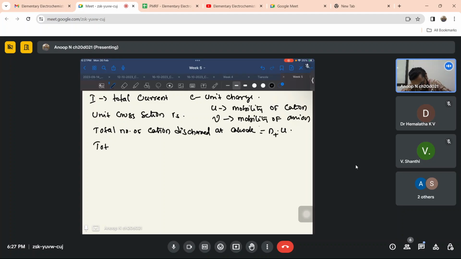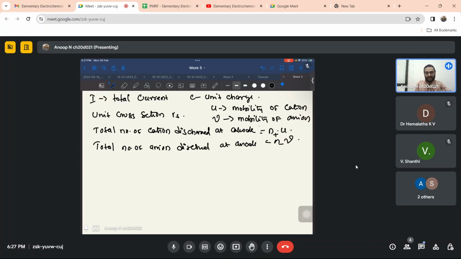Similarly, the total number of anions discharged at the anode will be equal to n minus into v.